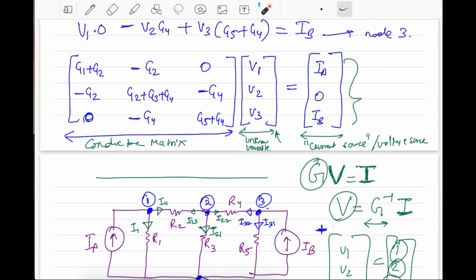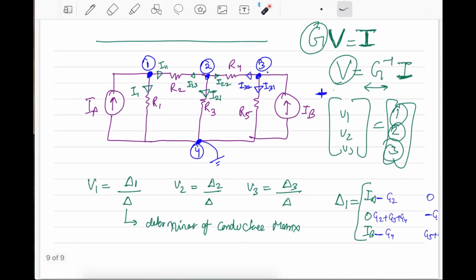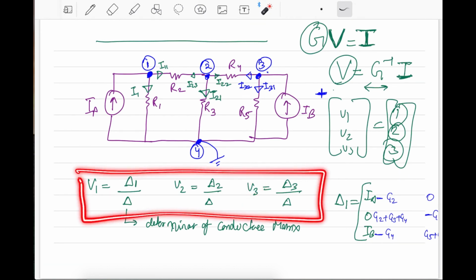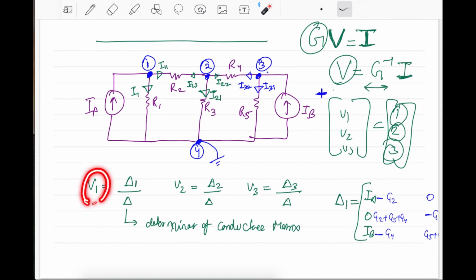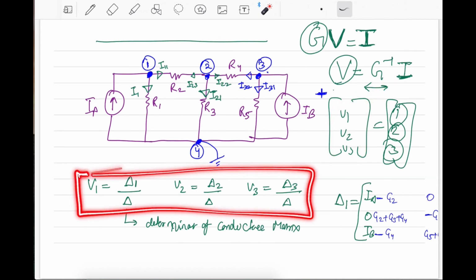Then you get another matrix, and you calculate its determinant, which is delta 2, and divide it by delta. That will give you V2. Similarly for V3. So this is Cramer's rule, where if you want to find a specific node voltage, rather than calculating all node voltages at the same time using this, you can use Cramer's rule to calculate the specific values.